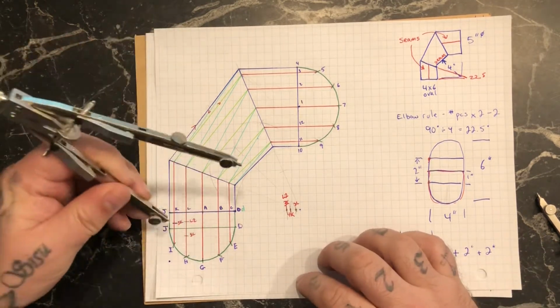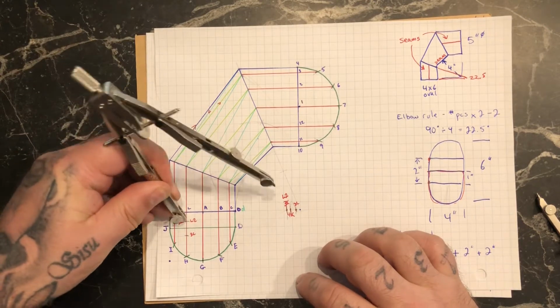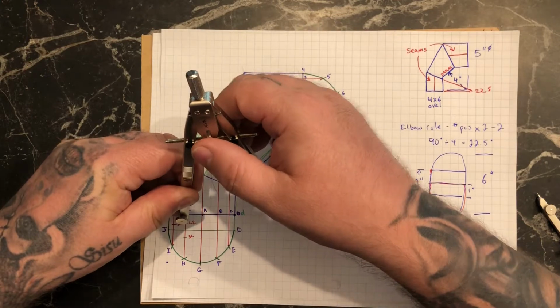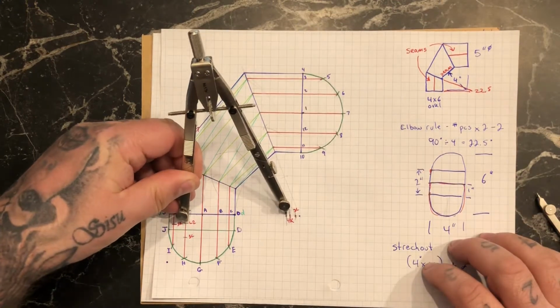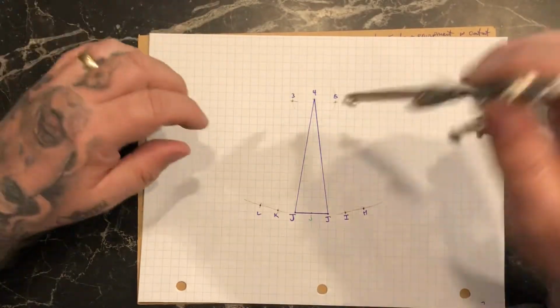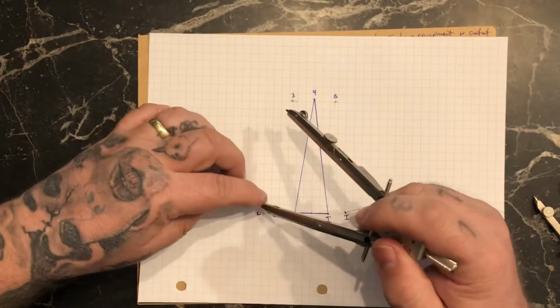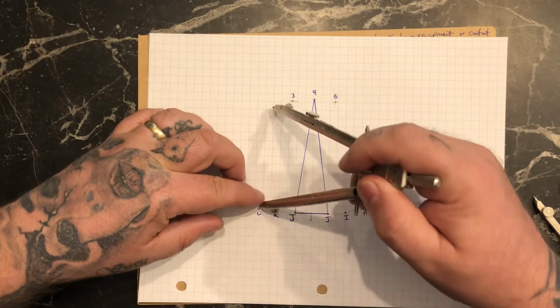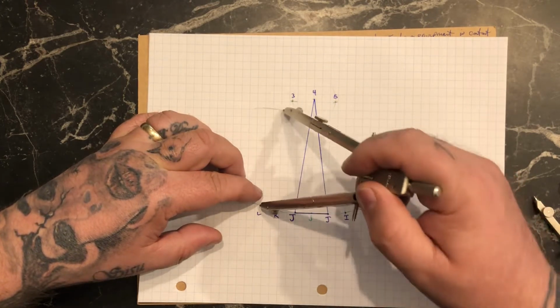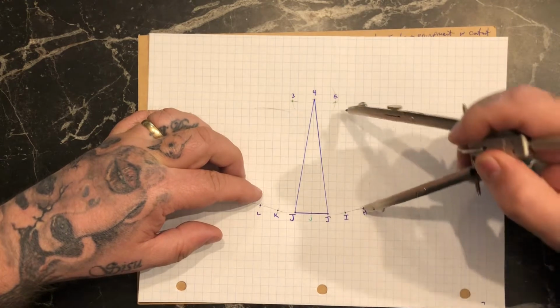Then I stick my needle there, and the hypotenuse becomes my true length. And then I'm going from L up to 2, and the same on this side.